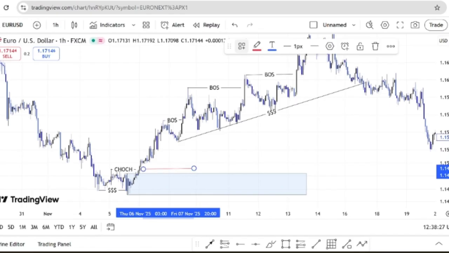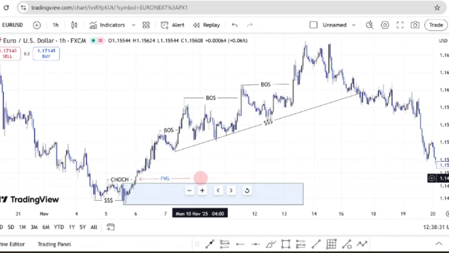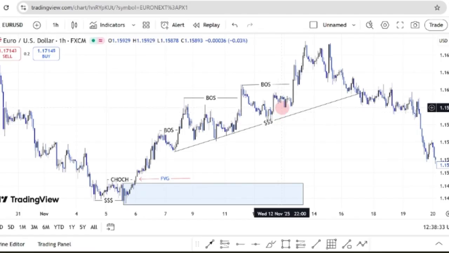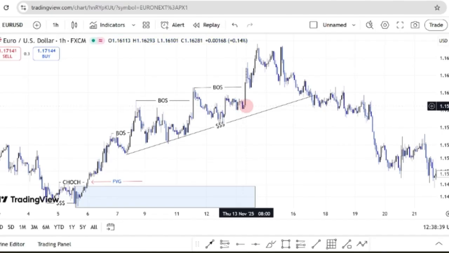So this was our fair value gap. Having this fair value gap and all of this trend line liquidity here tells us that we should be expecting price to break this line and sell to the downside.